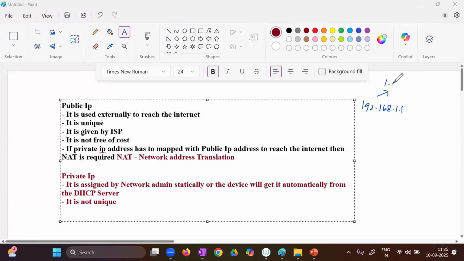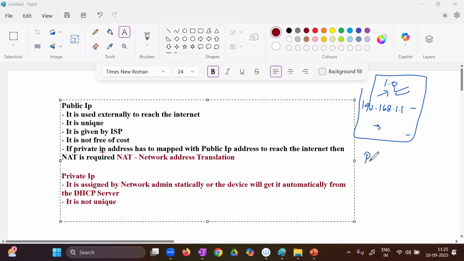In this network, I may have 10 IP addresses, for example. Those 10 IPs should be unique in my network. You cannot assign two different PCs the same IP, right? But what I am talking about is that this same network can also be used by another organization.